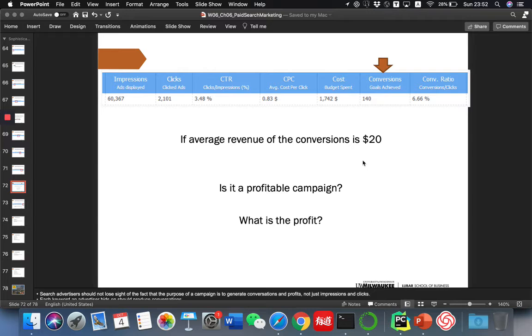On the other hand, you have to pay the PPC, the clicking cost to Google. So only if you get more money from the revenue than the cost you pay for the advertisement, you make a profit.